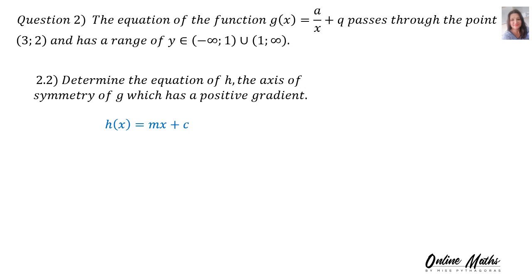Now I taught you that when you are dealing with the axis of symmetry of this hyperbola, then your hyperbola's q value and the c value of the axis of symmetry, it's the same value. And then they tell you m has to have a positive gradient. Therefore, h of x is equal to x plus 1.